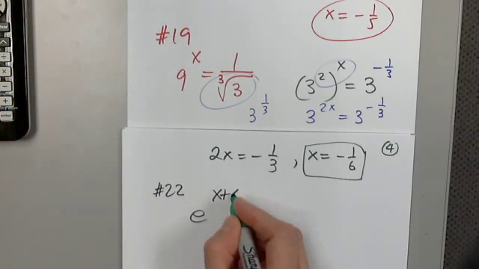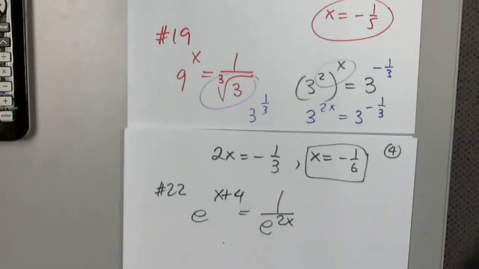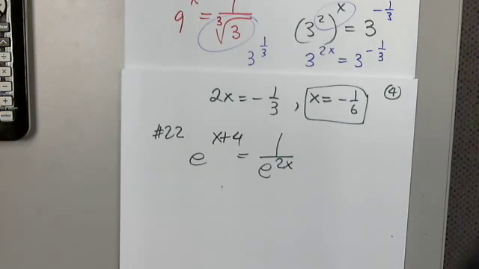E to x plus 4 equals 1 over e to 2x. It's exponential because the exponent has the variable, no doubt. Now I'm asking myself, can I present both sides with the same base? Yes. The left-hand side is clear.